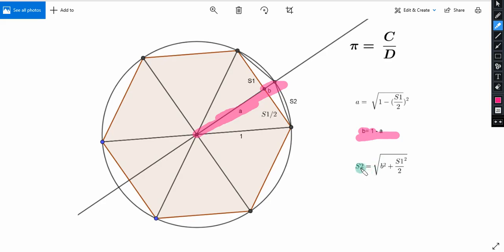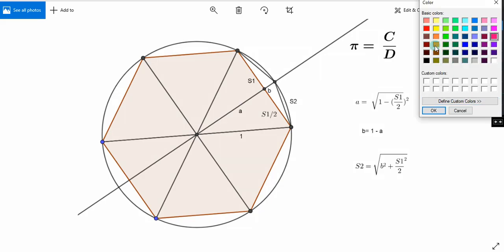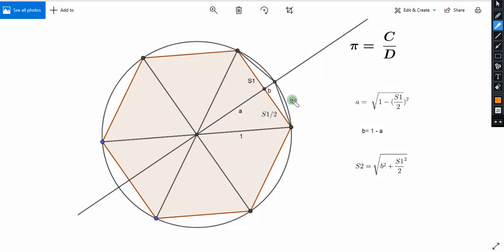And we are going to find S2. S2 is the new polygon's one side length.